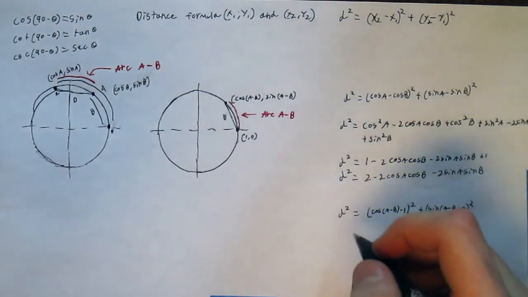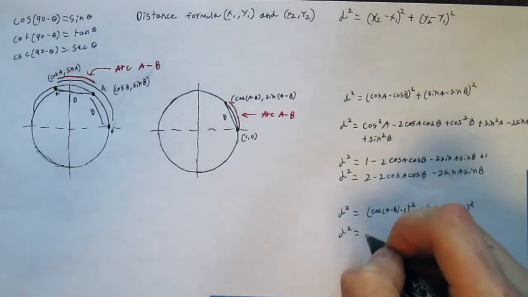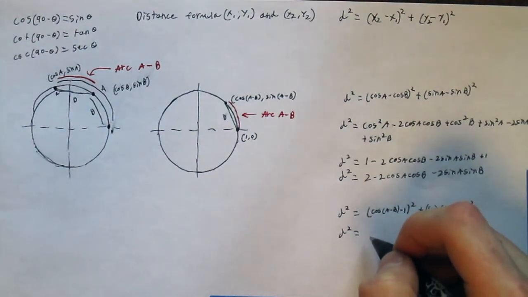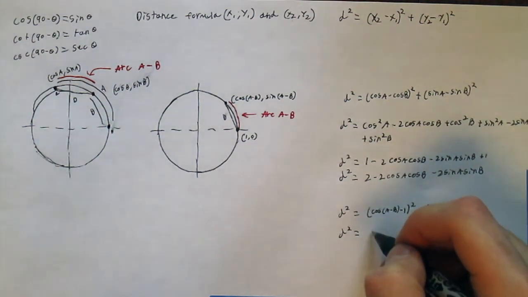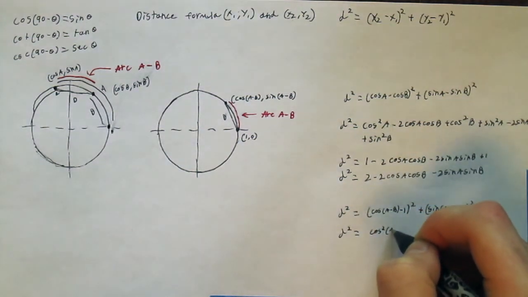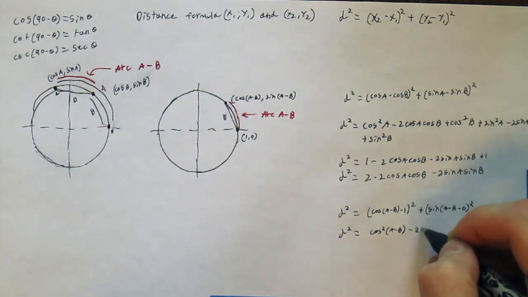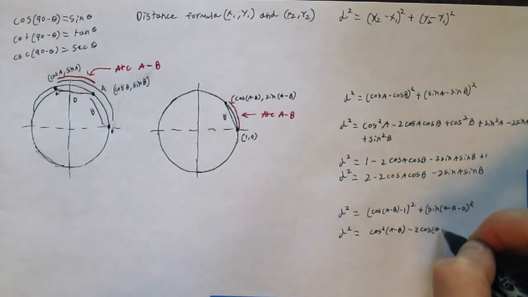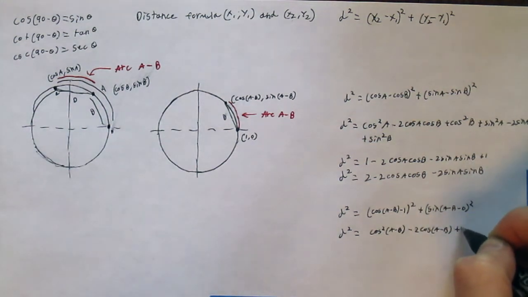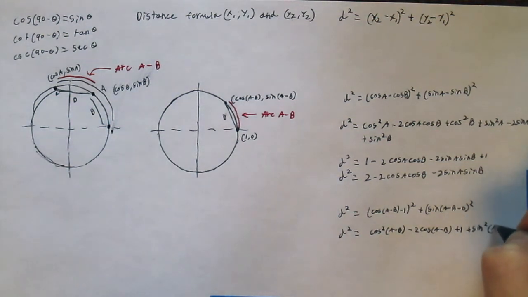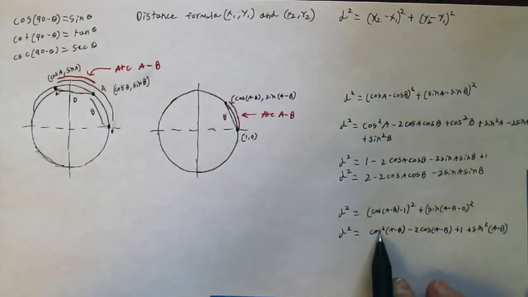So then we square this out and we get that d squared equals cosine squared A minus B, minus 2 cosine A minus B, plus 1 plus sine squared A minus B. Again, cosine squared of something plus sine squared of something is equal to 1.